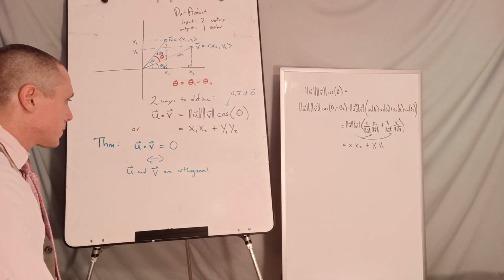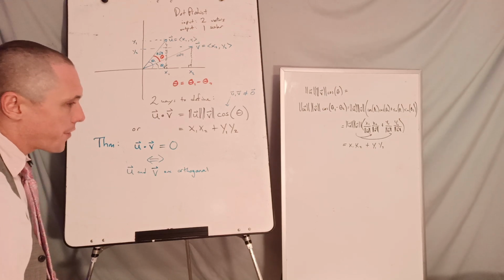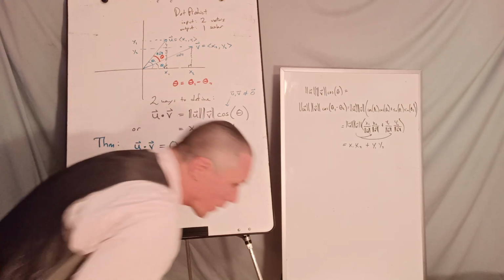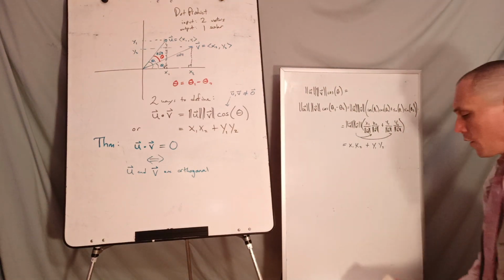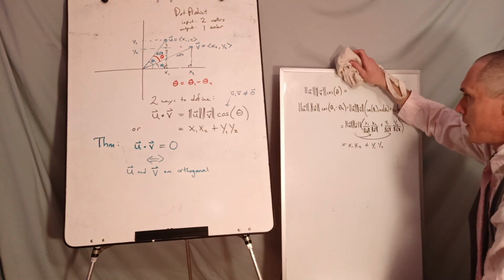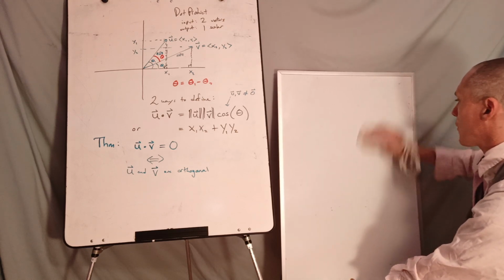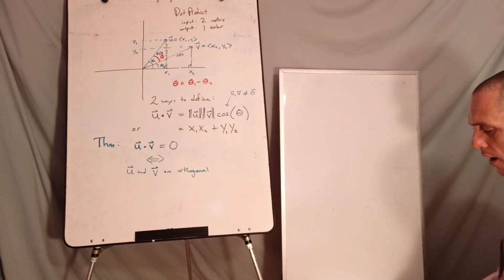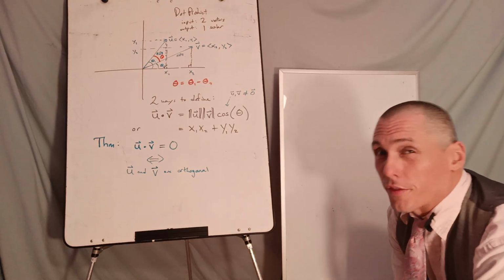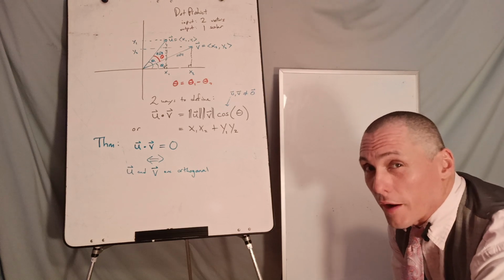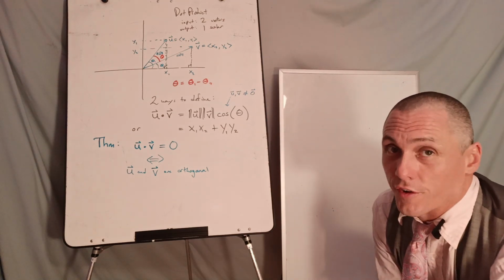So let's kind of walk through how you might go about thinking about this proof. But I think that at least a little bit of it should be obvious from the first definition. So in the case where they are not orthogonal, and by the way, it seems a little weird to say that the 0 vector which points in no direction is orthogonal to all vectors, but that's really just a convention.